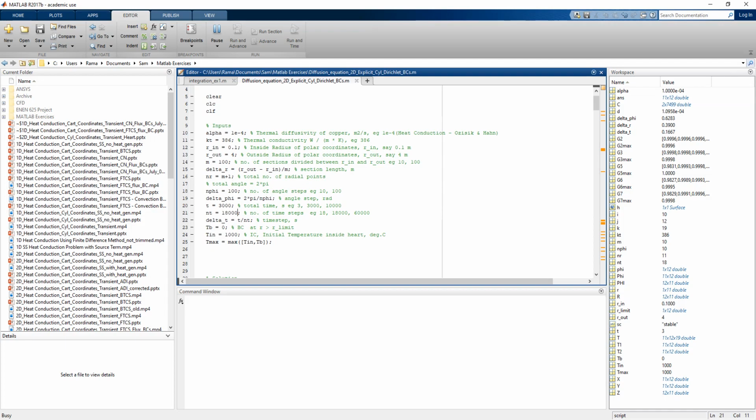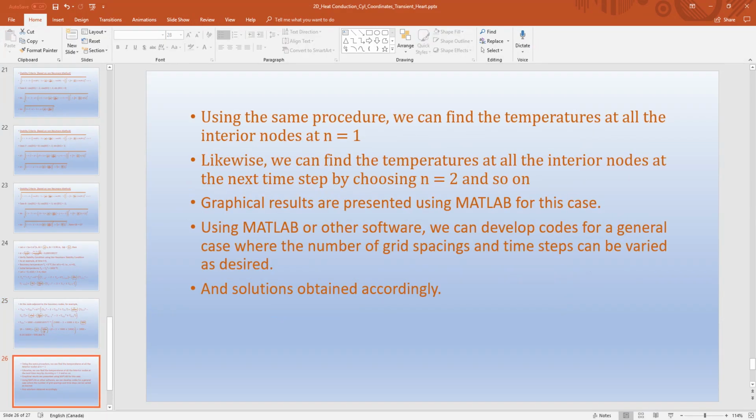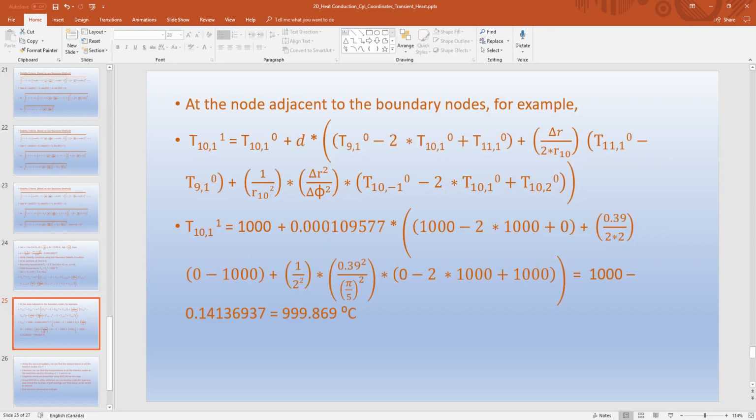We'll go to the PowerPoint in the meantime. So we obtained, for one single point, the temperature at the first time step as 999.86.